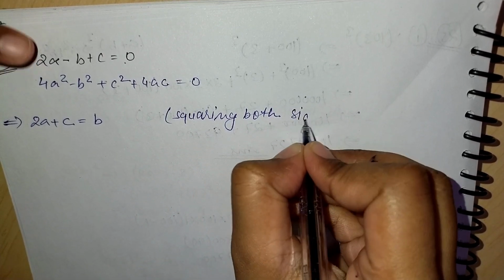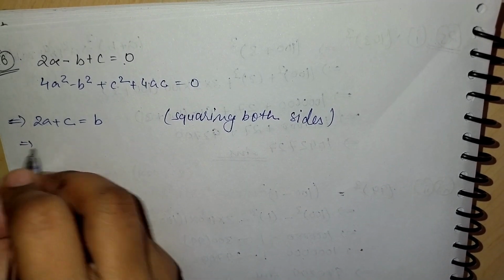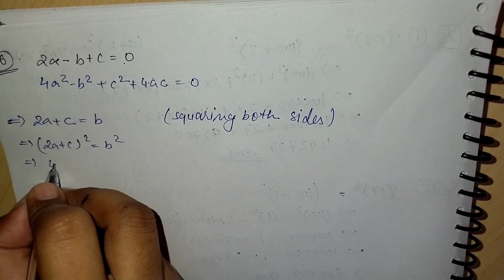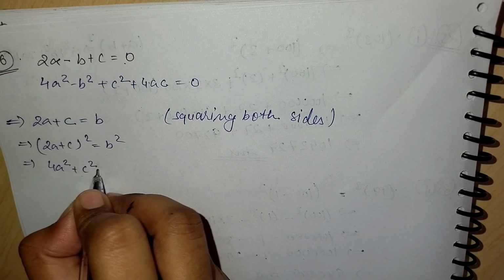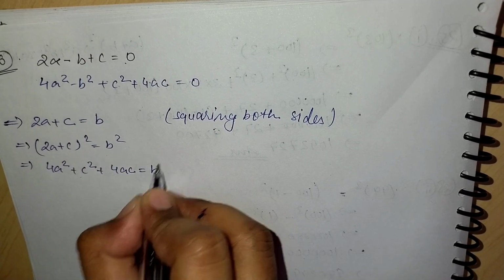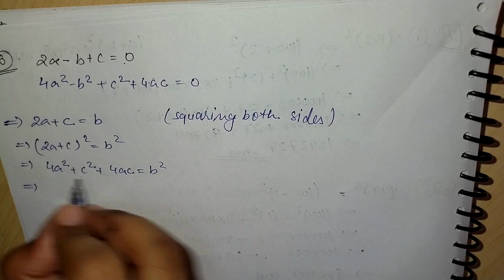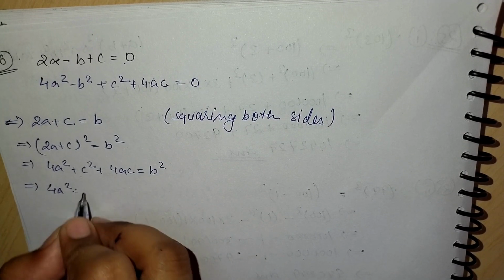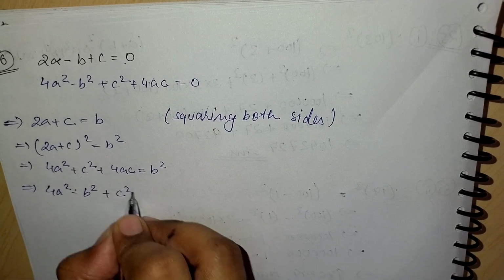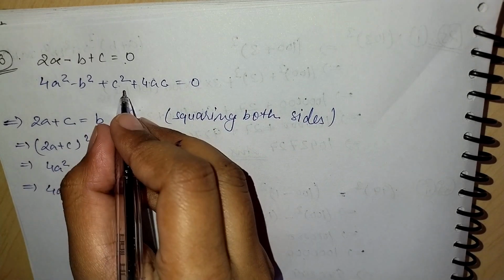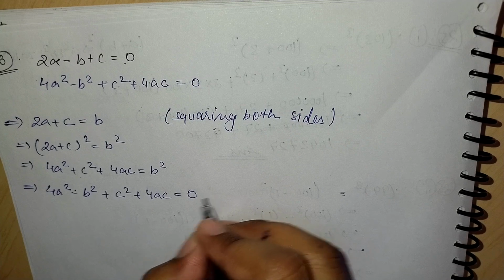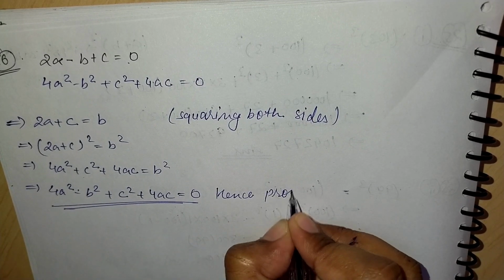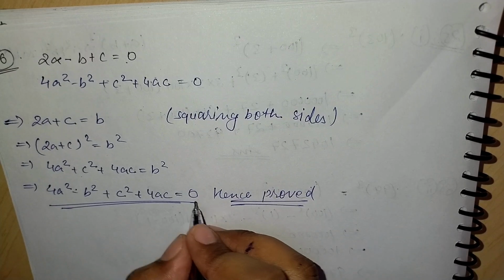On squaring, we get (2a plus c) whole square equal to b whole square. 4a square plus c square plus 4ac equal to b square. Here on taking b square to the left, 4a square minus b square plus c square plus 4ac. So it becomes the same as this one, equal to 0 here. Hence proved that it is equal to 0.